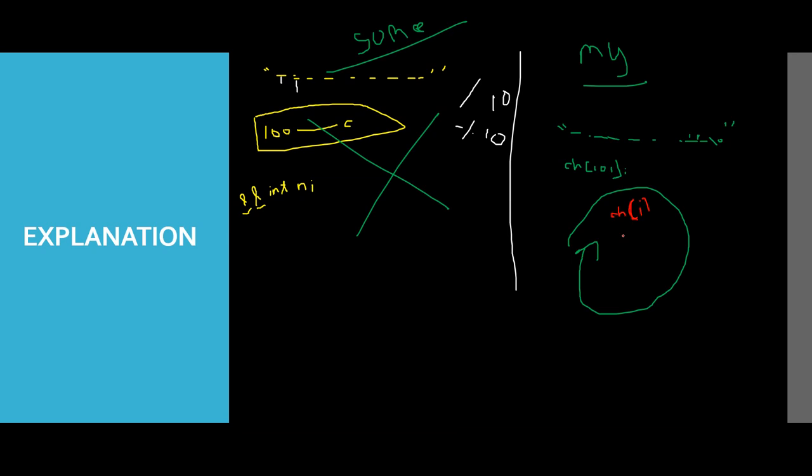Then take each character, convert it into int, and after converting it to int, note its position, whether it is even or odd. You should have even sum and odd sum as two variables. If it is even, you add it to the even sum. If it is odd, you add it to the odd sum.